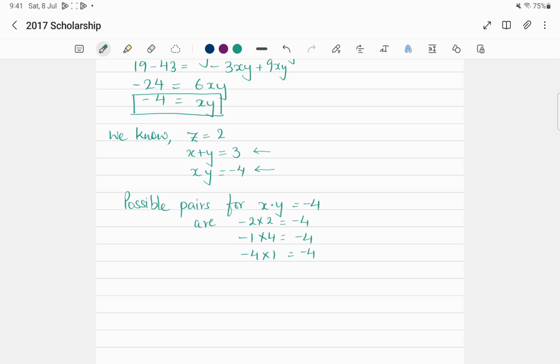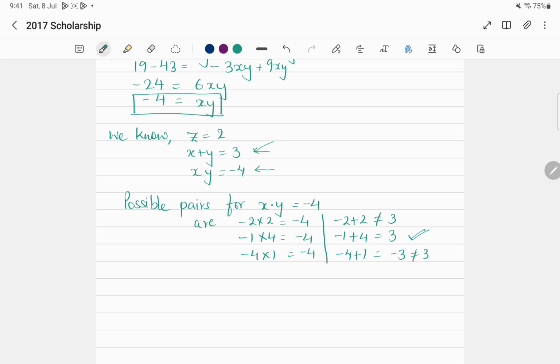But now we need to say which of these pairs gives us 3 when adding together. So when you add minus 2 plus 2, you do not get 3, right? When you do minus 1 plus 4, you get 3. And when you do minus 4 plus 1, you get minus 3. So again, you do not get 3, right? So that is the only pair that works.